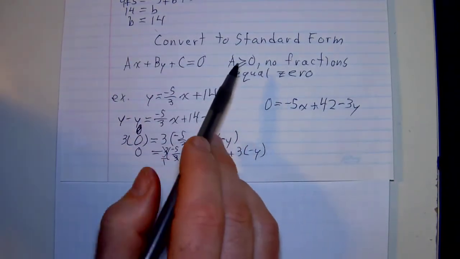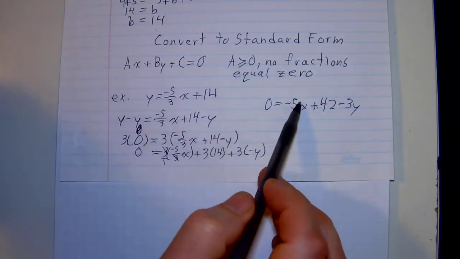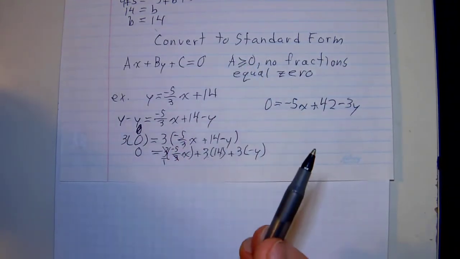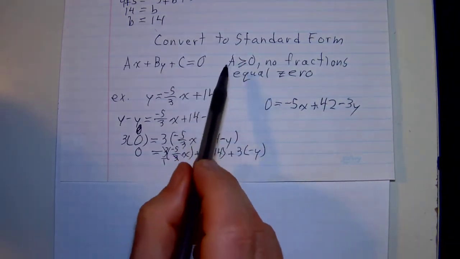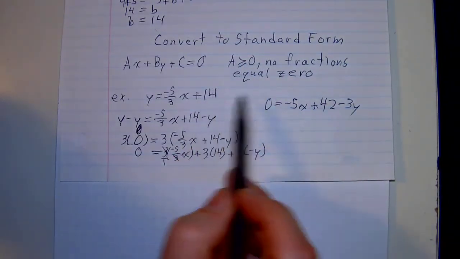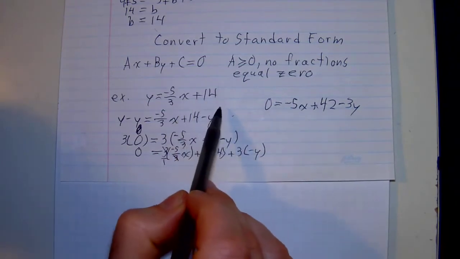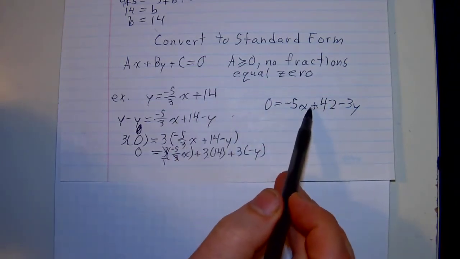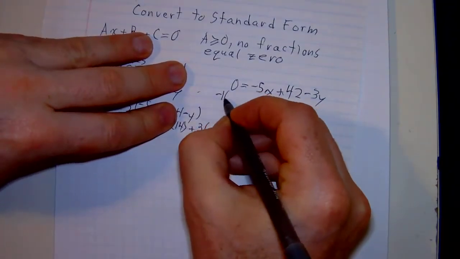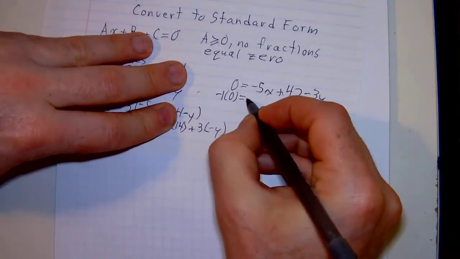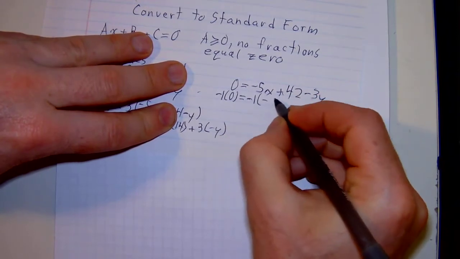Now suppose I was one of those people who is picky that a, the coefficient of x, has to be greater than 0. There are 2 ways you can do it. One way is to move all of these terms over to the other side and get the 0 over here. The other way is to multiply everything by negative 1, because that's just going to change all the signs.